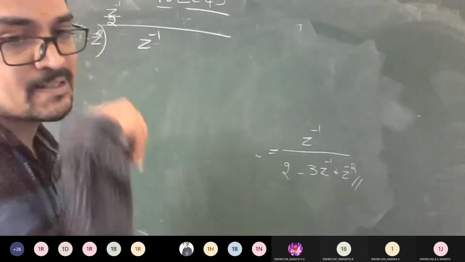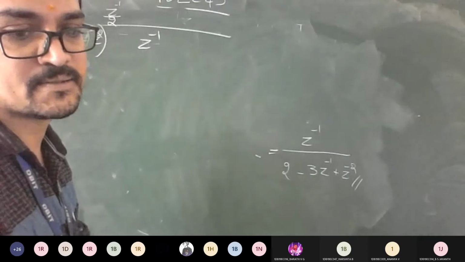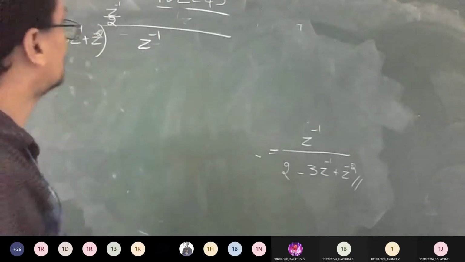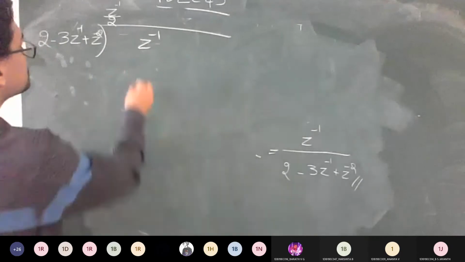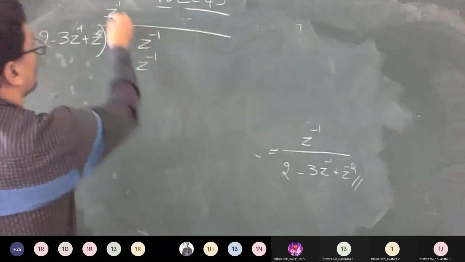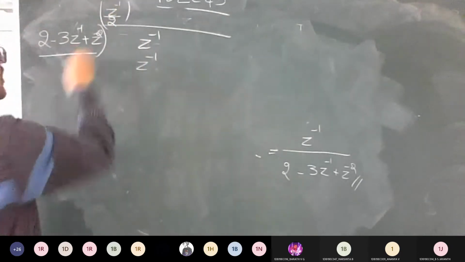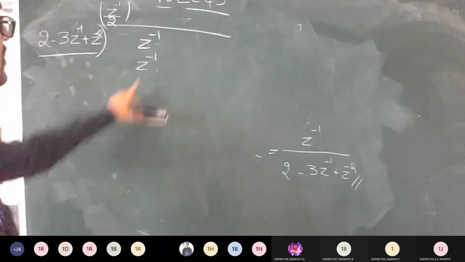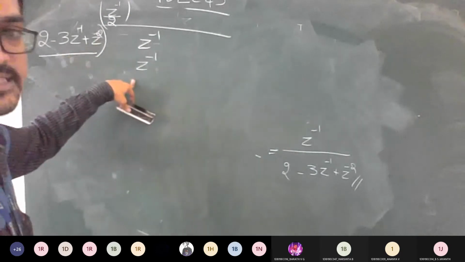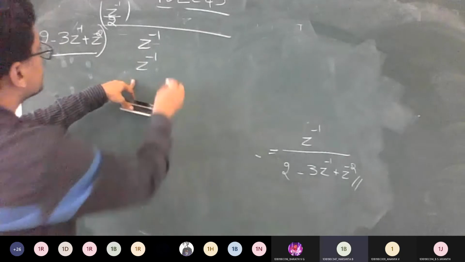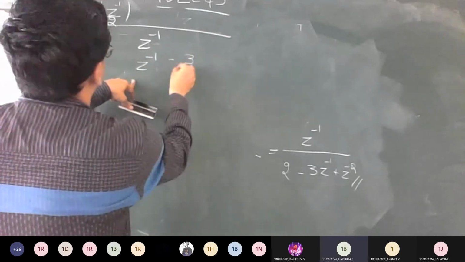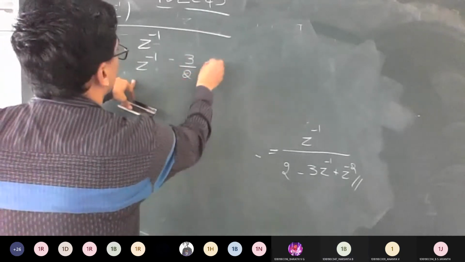Yes, sir. So if you take z inverse by 2, what is the answer you're going to get here? Is it z inverse only? Multiply this with the complete term and tell me what it is. So the 2 is going to get cancelled. Z inverse minus 1 is left out. Then 3 by minus 2 into minus 2, 3 by 2 z raised to minus 2.